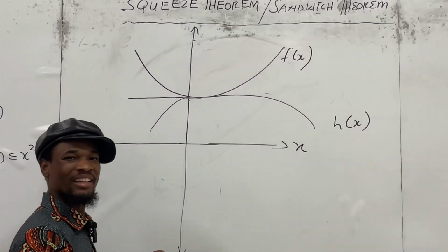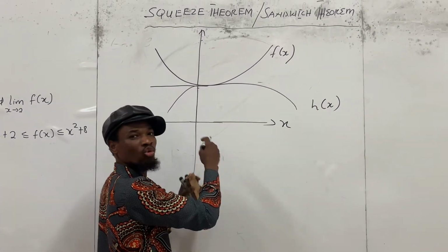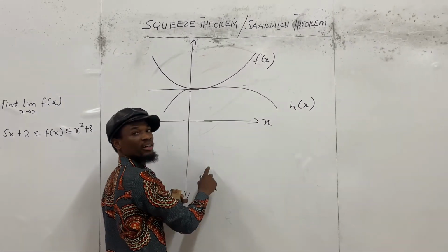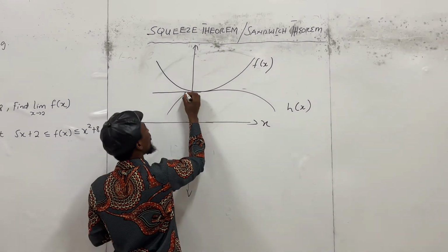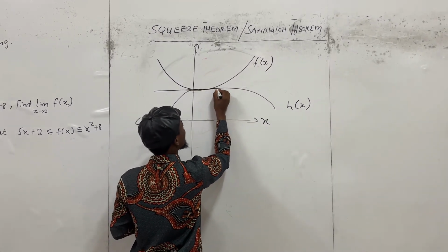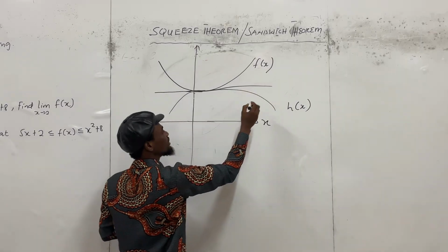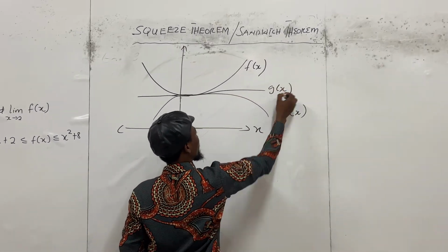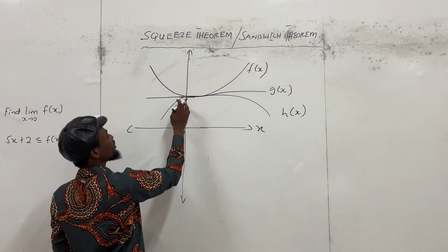Now, there is another function that is sandwiched between these two functions. So let's call the function that is sandwiched between these two functions g of x this way.